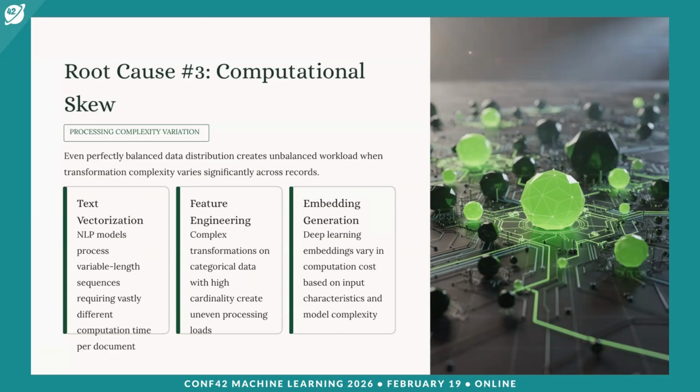So even in this case, even if the data is evenly distributed across the partitions, workload imbalances can still occur. NLP models handle variable length documents, and longer sequences require significantly more compute time. Feature engineering and complex transformations on high cardinality categorical data create uneven processing loads.